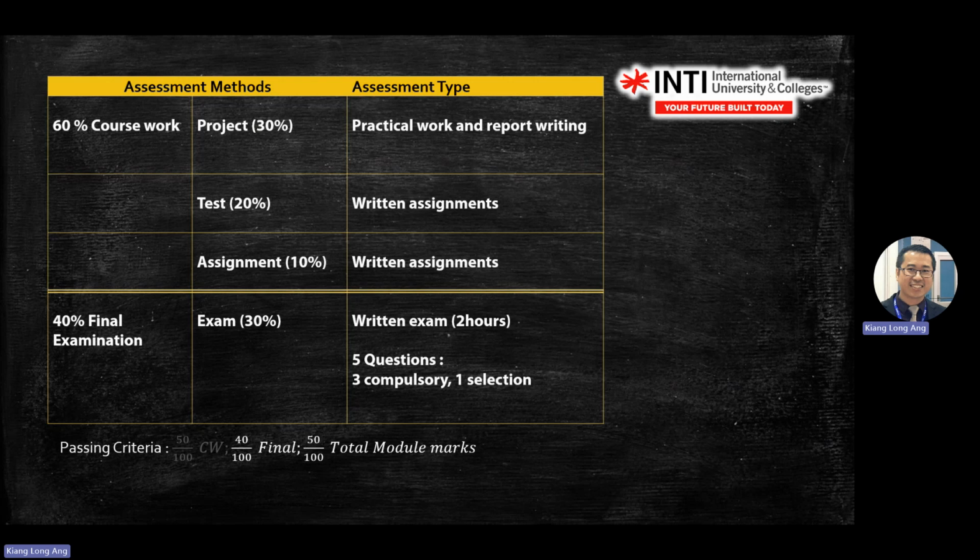Assignment 10% in all the subjects that I teach is very easy. It will be all the tutorial questions that we discuss in the class. I will pick 10 questions from all the chapters that we discuss. So if you attend the class or you just download my PowerPoint slides, follow and copy the answer inside the assignment, you get 10% unless you copy the wrong answer.